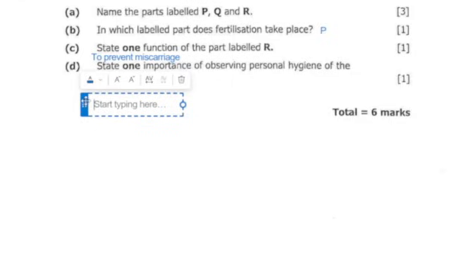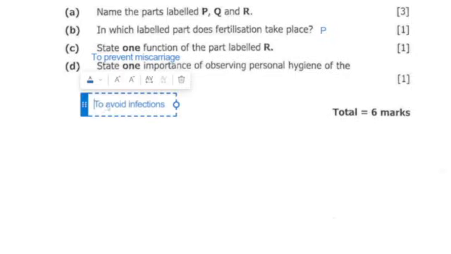It is to avoid infections. So that is the importance of observing personal hygiene, to avoid infection.